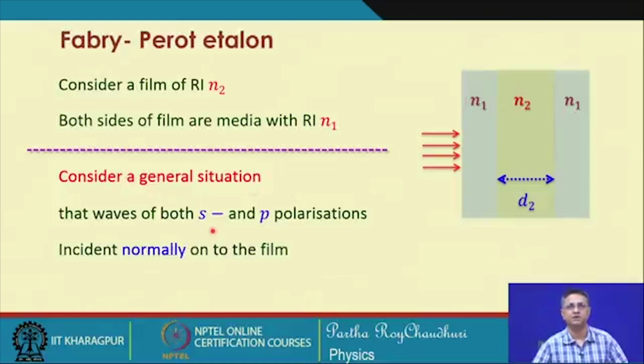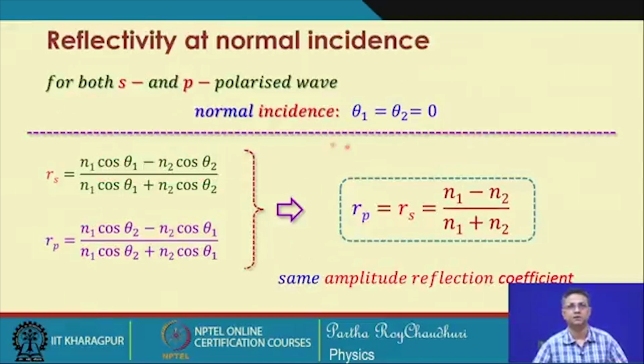Consider a general situation for both S and P polarized light, and the light is incident normally. In that case, we have theta 1 equal to theta 2 equal to 0 for normal incidence, and both R s and R p will give me this value, R s equal to R p equal to this for both the polarizations, same amplitude reflection coefficient.